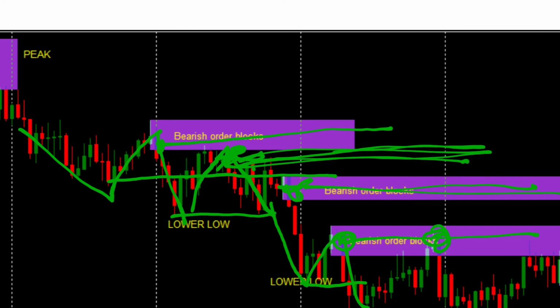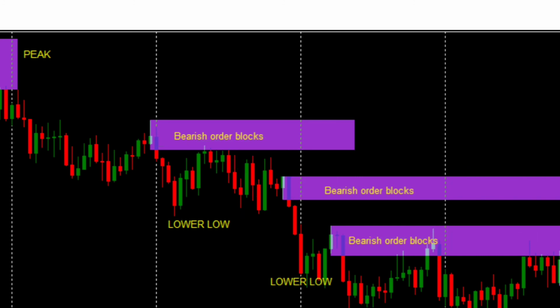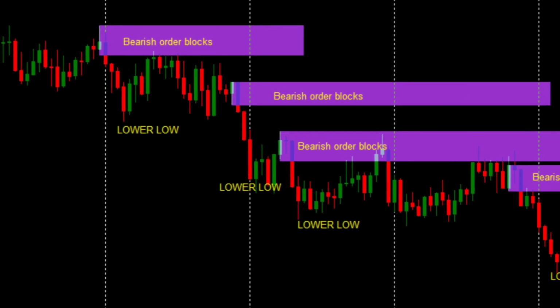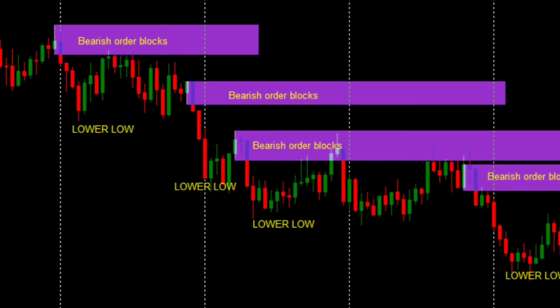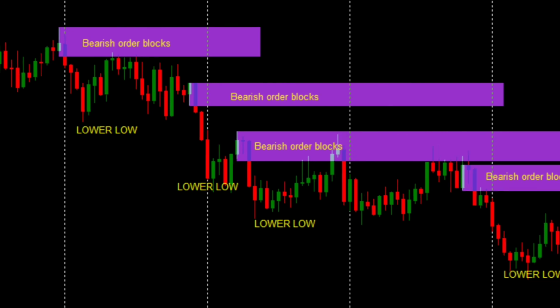This technique allows you to enter on spikes, on wicks. You can just enter on the tail of the candlestick, and you'll be shocked seeing someone with a nice trade where they entered on a spike, like just this spike. You can imagine, guys, this is how people make sniper trades.